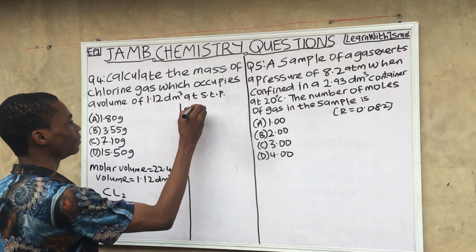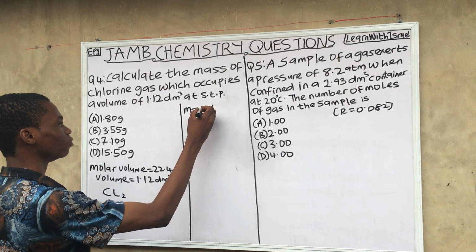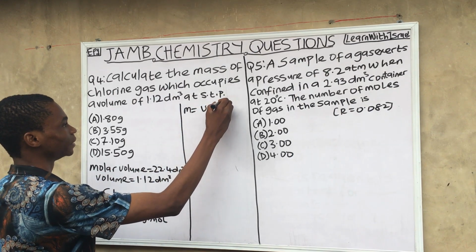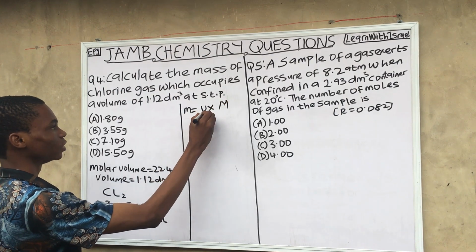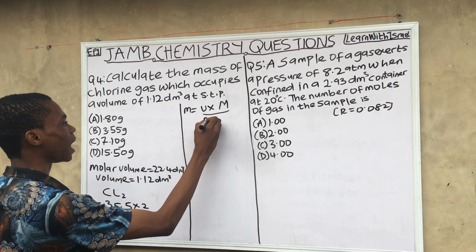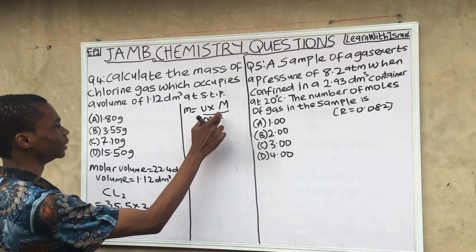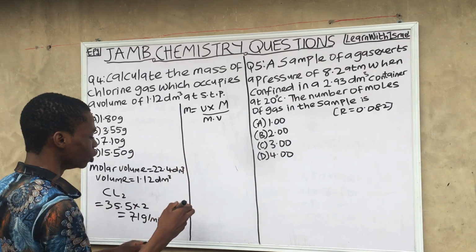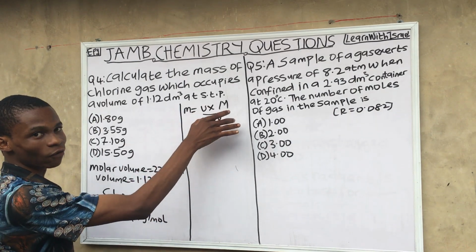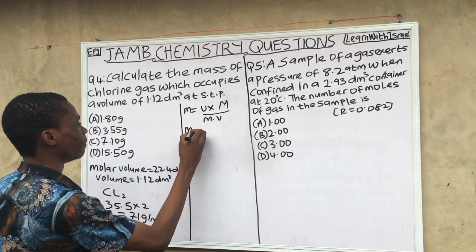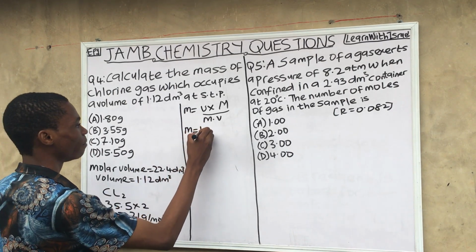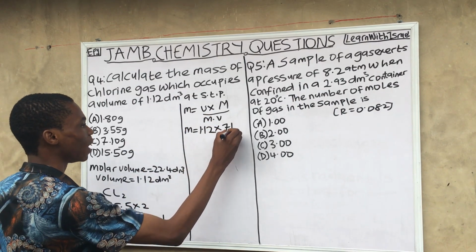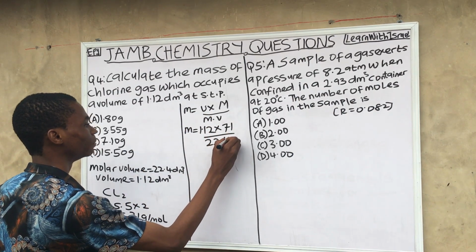Mass equals volume, V, multiplied by molar mass, over molar volume, written as MV. When calculating mass, you use this formula. So our mass equals 1.12 multiplied by our molar mass, which is 71, over 22.4 dm³, which is constant.